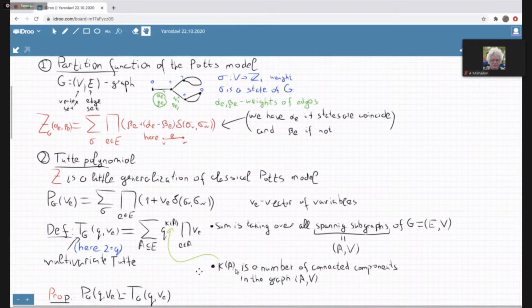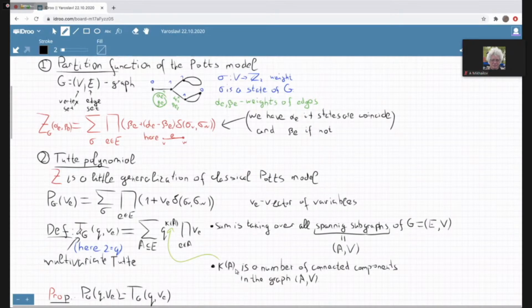Okay, so as I mentioned in the beginning, now I'm going to transform my graph G. Another question here: your P_G depends on one argument. In your proposition, P_G depends on two arguments. What does it mean? What I've said is that here P_G also depends on Q, because, you see, in my definition of Z capital, I have only two weights on vertices, 0 and 1, and here I want to have Q different weights on vertices.